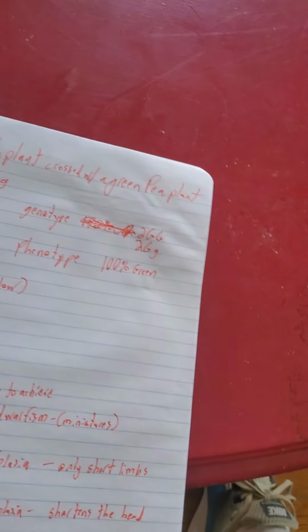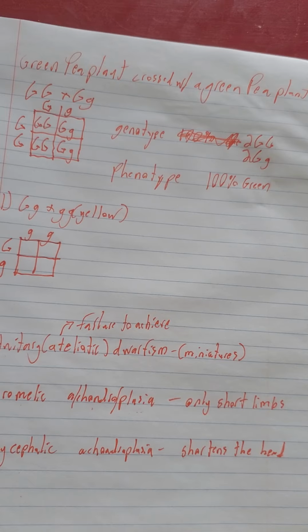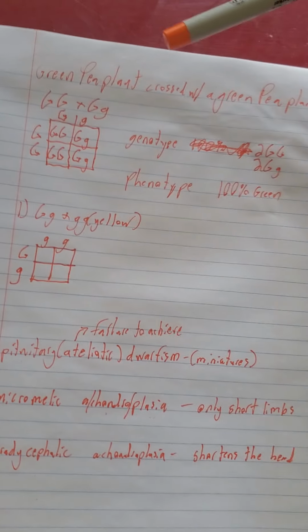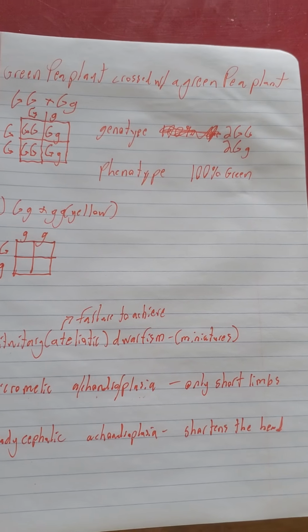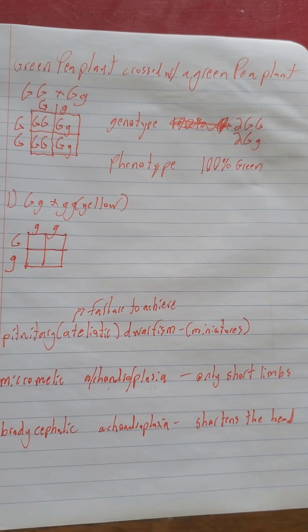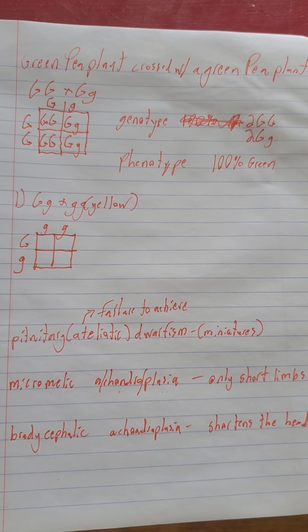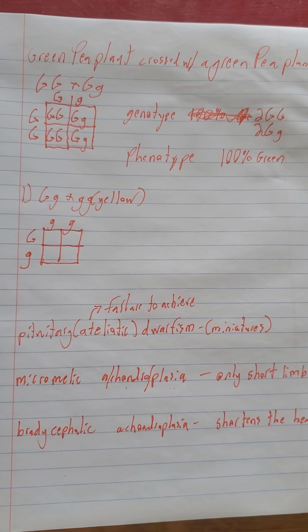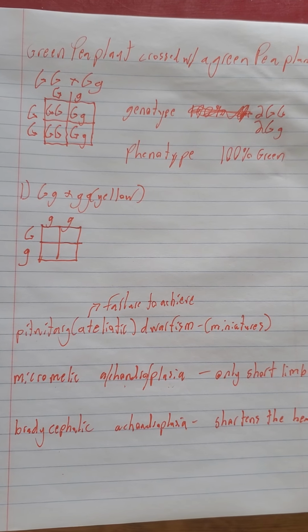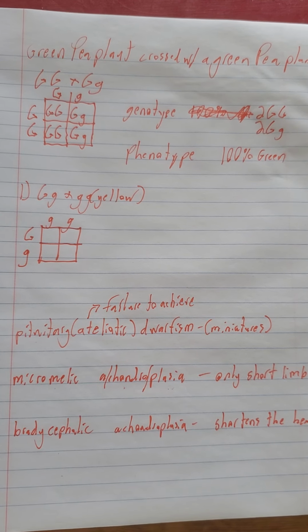So let me hold the phone here. Let's look at the problem. We have a green pea plant and it's crossed with another green pea plant. Notice in the upper left we've got big GG times heterozygous big G little g.